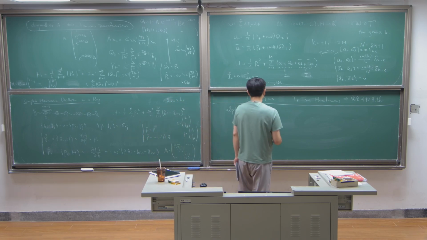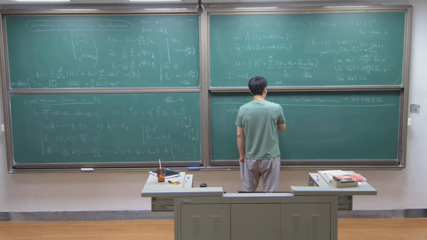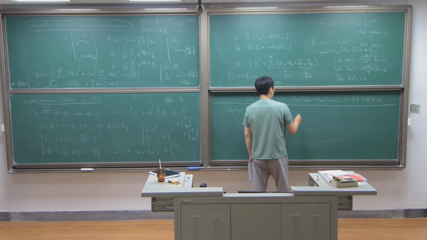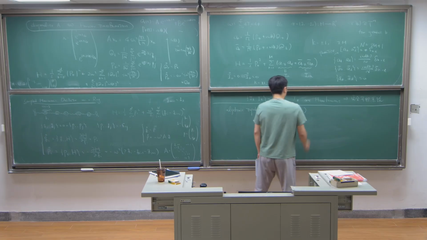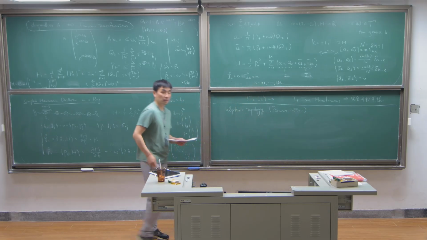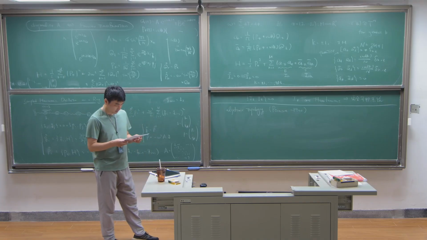So this algebraic topology was initiated by Poincaré at the beginning of the 20th century, around 1900.